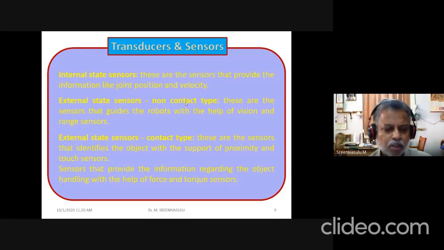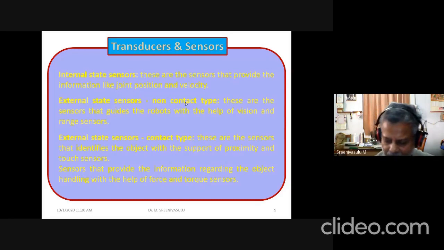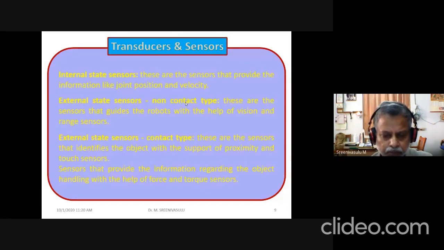Anyway, coming to the external state sensors under contact type, these are the sensors that identify the object with the support of proximity and touch sensors. It touches and senses what type of object it is.